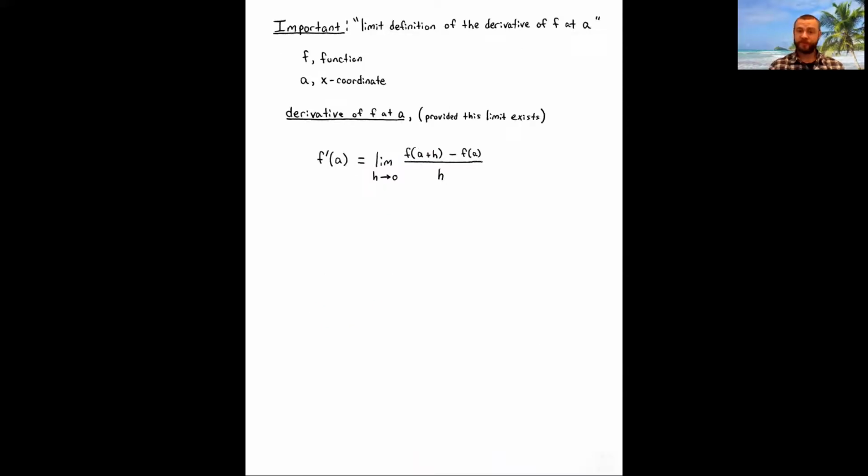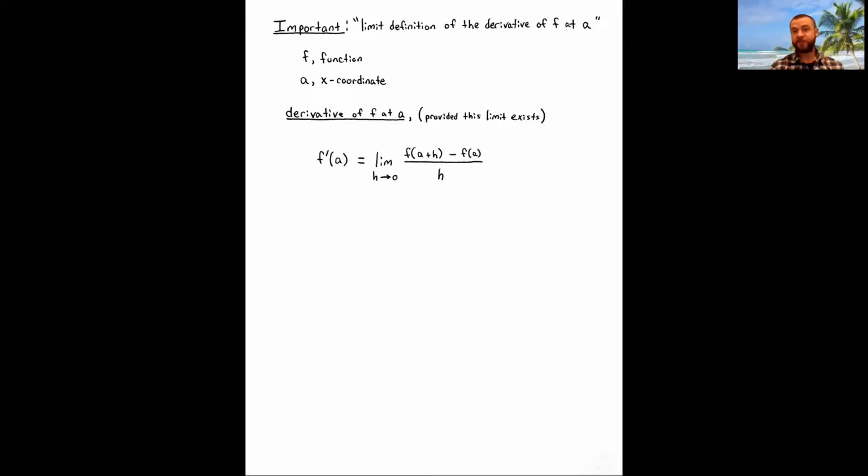Okay, so let's give a precise definition here. This is what we're going to call the limit definition of the derivative of f at a. It's a mouthful, but we'll just be calling this the definition for the derivative of f at a. And it's pretty much what we arrived at by answering the tangent line problem through our introduction to calculus.